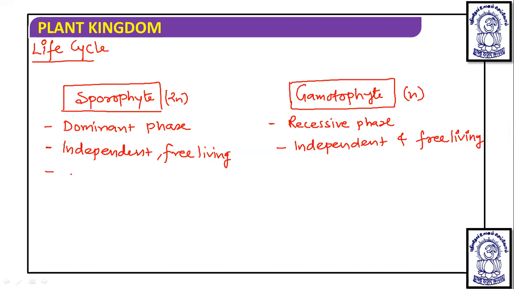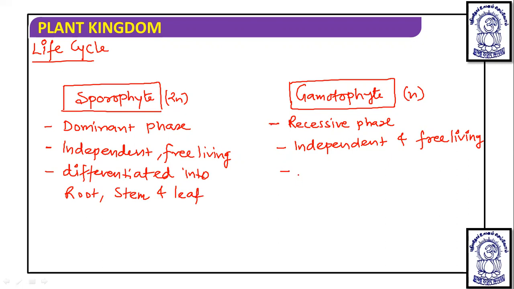This sporophyte is a dominant body, free living, independent, and it is differentiated into root, stem, and leaf. And the gametophyte is also known as prothallus.